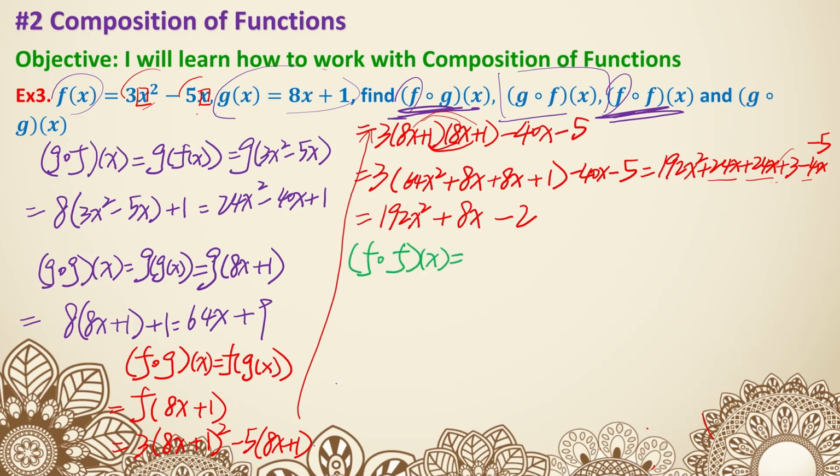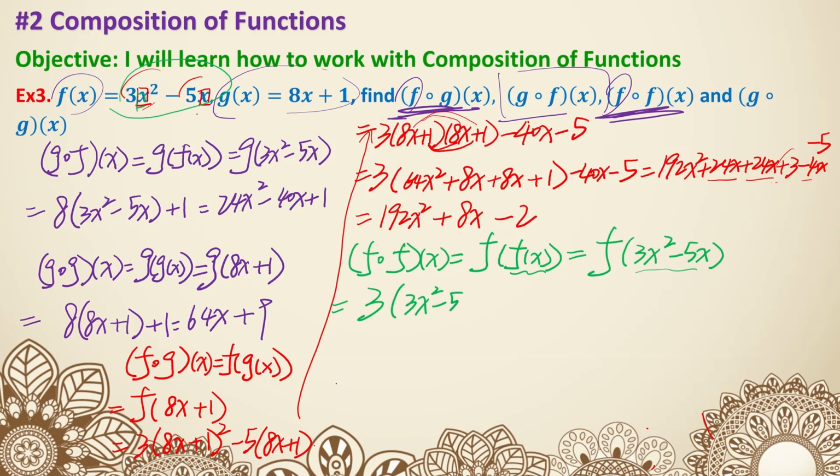Let's go through the process. F of x. So f, and then replace the inside with 3x squared minus 5x. There you go. And now I'm going to focus on f again, but anywhere I see x, I'm going to replace it with 3x squared minus 5x. 3 stays, and then it's 3x squared minus 5x squared minus 5 times 3x squared minus 5x.